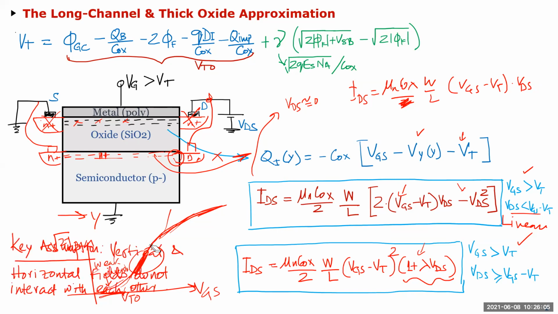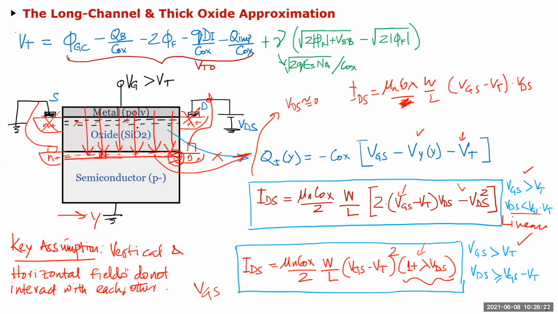Okay, I had something here. Yeah. So the key assumptions in deriving this were the horizontal field, the electric field which we use to calculate the VT, and the vertical field from gate to the channel, which is essentially VGS over TOX.